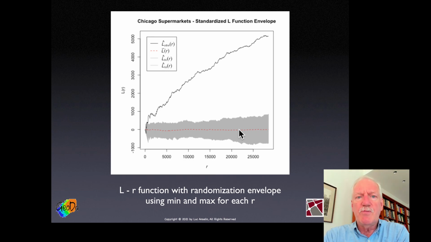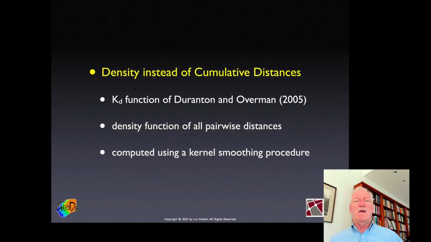Be careful, in some textbooks the distinction between the two is not made explicit, and sometimes the L function is presented as if it was the K function, which it sort of is, but not exactly. And then finally, as I mentioned early on, a different approach takes the same idea of counts of points within a given radius, but instead of looking at the cumulative distribution, you look at the density function, which you can compute using a kernel or smoothing procedure.